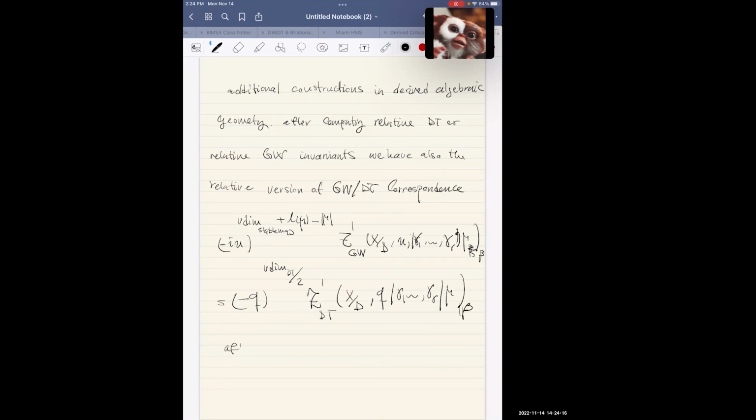after the change of variable e to the iu equal to minus q. And here the virtual dimension is equal to minus the canonical bundle of X times the curve class beta.